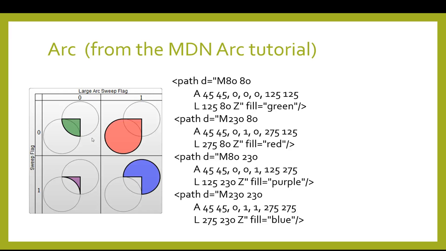Now in this case, the arc is being filled. Okay? So if we look here, this is 0, 0. Basically, the arc being drawn is this portion here. If we come over here to 0, 1, the part being drawn is from here around.